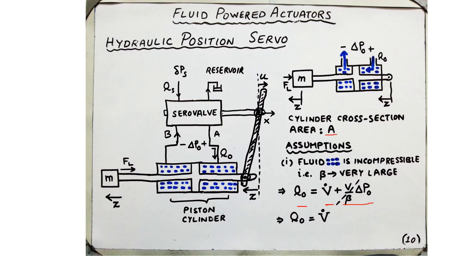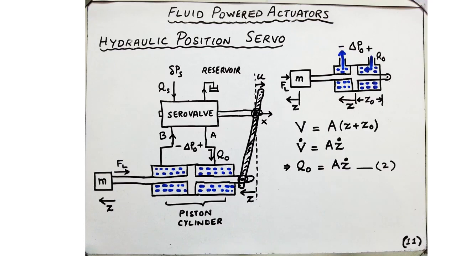In this case, because the system is hydraulic, the fluid used is incompressible. That is, the bulk modulus is very, very large. So we can consider this term to be negligible, simplifying our expression, which sets Q naught equal to V dot.